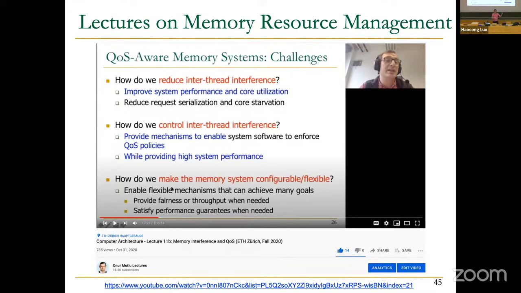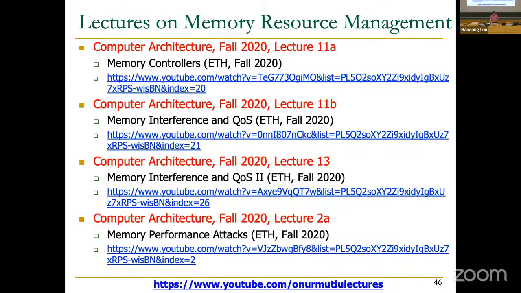So there is resource sharing inside the core. There is resource sharing outside the core. And outside the core, after some point, everything is shared across many threads. Imagine you have thousands or tens of thousands of threads, and they're really sharing a memory. And memory bandwidth is limited. This is what we see in today's multi-core systems and GPUs, for example, or machine learning accelerators. So basically, there are a lot of issues that you see today.